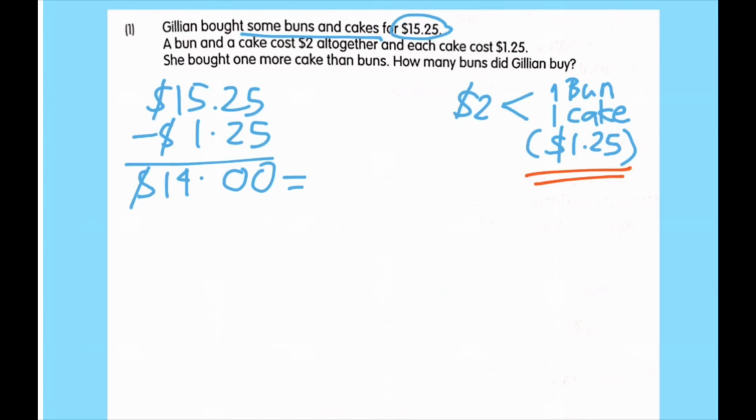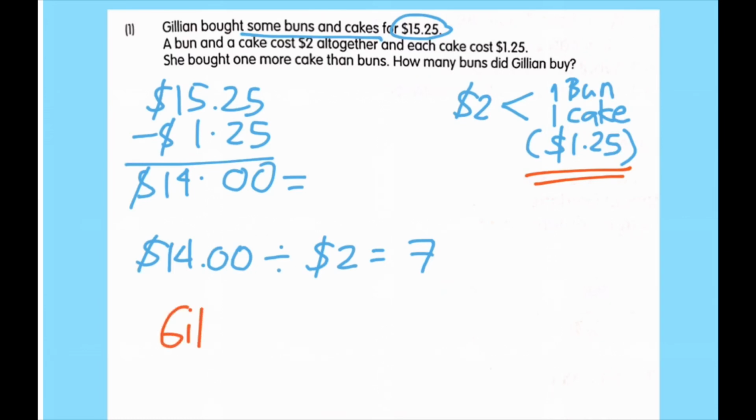If one bun and one cake cost $2, to get the answer, we can divide $14 by $2, which will give us 7. So there are 7 buns and 7 cakes that can fit into $14. So we could say that Jillian bought 7 buns.